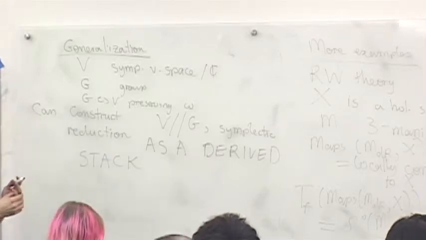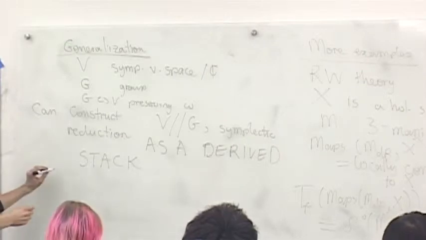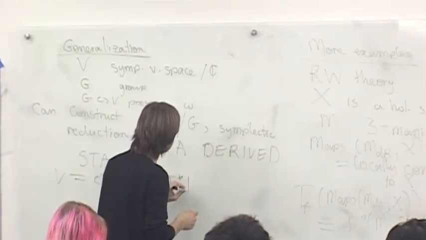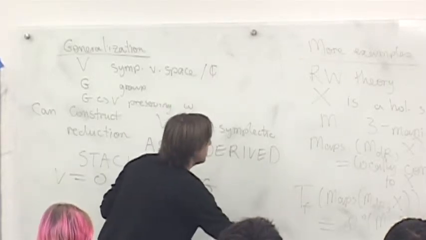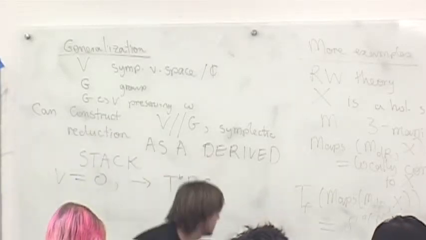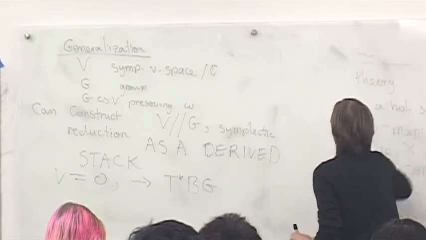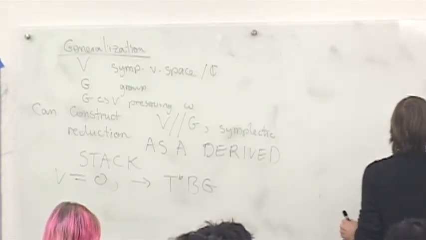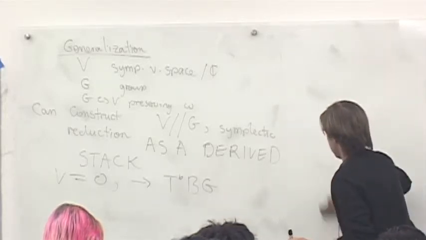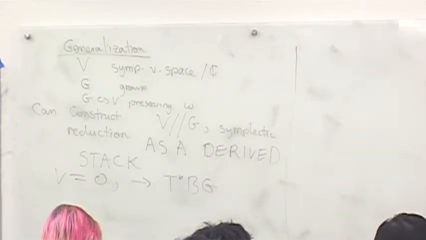Am I allowed V to be the zero vector space? Yes, that will be the pure gauge case. So if V equals 0, what you will find is the cotangent bundle of BG. The cotangent fibers arise from the moment map equations. Should I be taking G a real group? No, here G is a complex algebraic group, but it's going to be the complexification of the group that Tudor talks about.